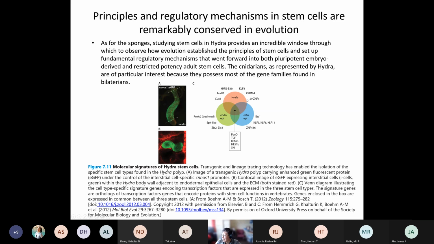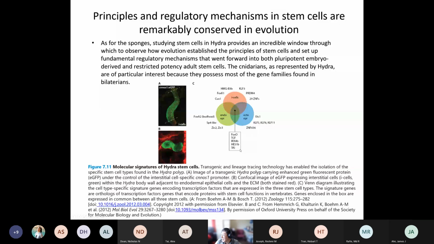Here you have this diagram that shows the genes specifically expressed in each stem cell type as well as the overlap. Of course, in the center of this diagram, what you will find are the genes commonly expressed in the three stem cell types.